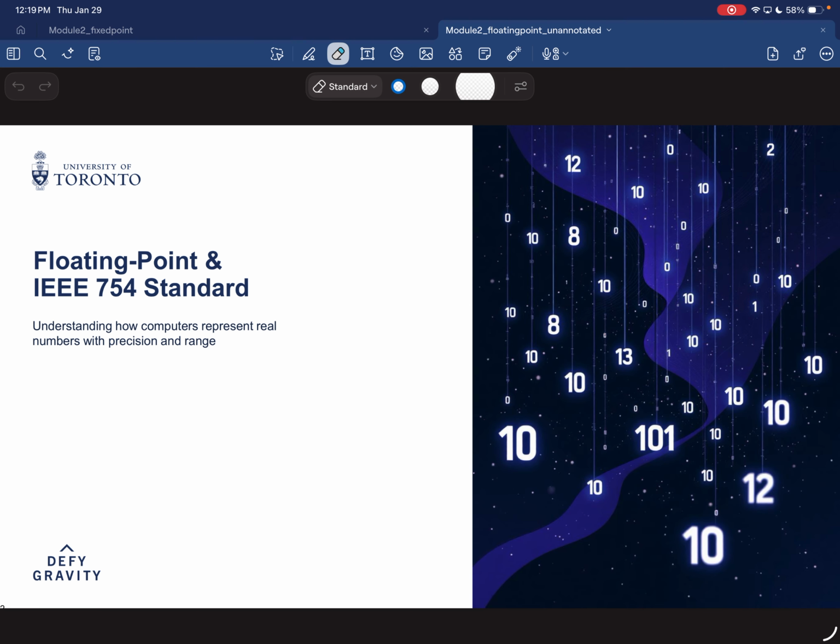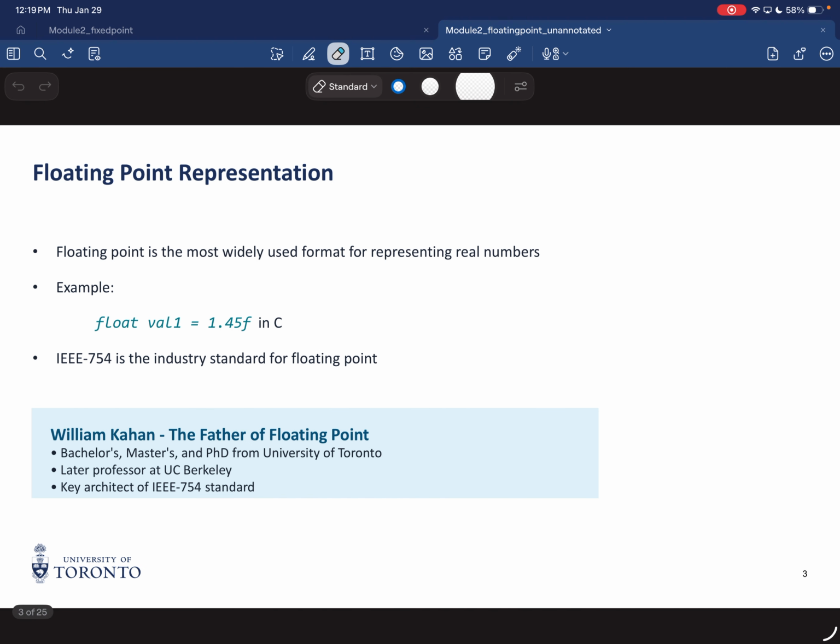But with floating point, we get rid of that. With floating point we get a real expansion in how much we can cover real numbers, how small they can be, how big they can be.